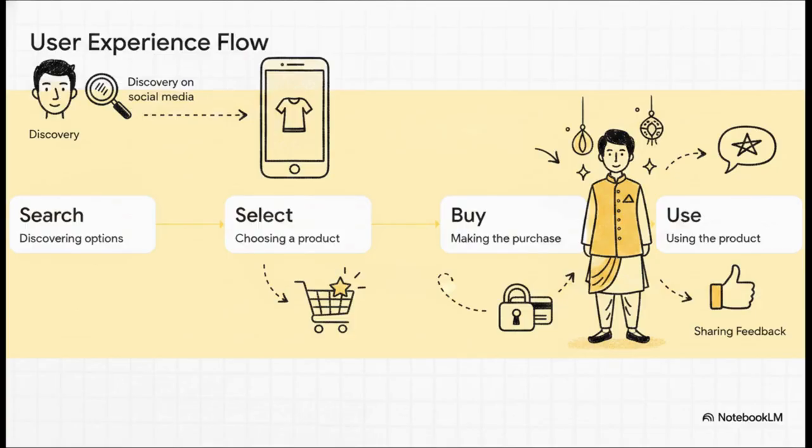The journey includes discovering the brand on Instagram, exploring styles on a mobile app, navigating what might be a super glitchy UPI payment gateway, tracking the courier, and then eventually posting a photo online. A drop-off or a point of major friction can happen at literally any of these stages. I mean, if the UPI payment fails, it doesn't matter how gorgeous that kurta is. Journey mapping just makes sure we don't miss those critical make-or-break moments.